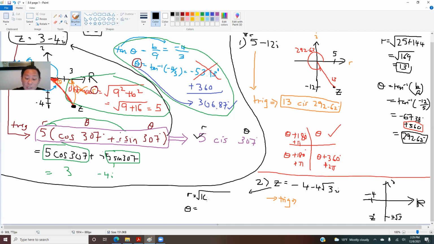So that will be 16, plus the square of this. Does anyone know what is the square of -4 root 3?